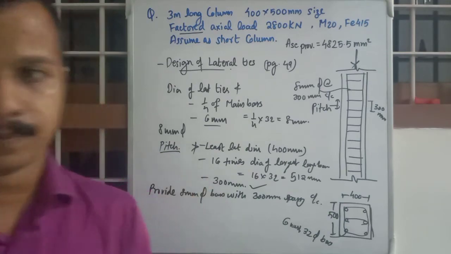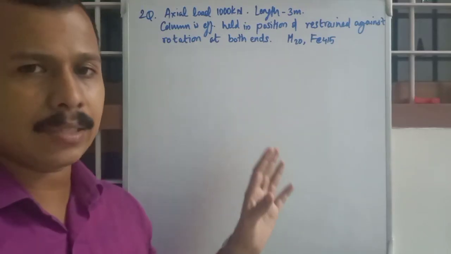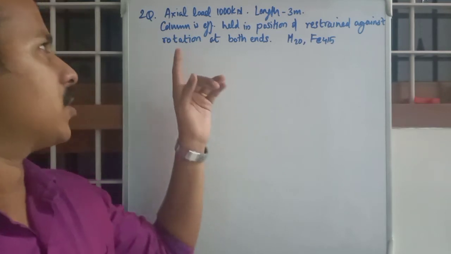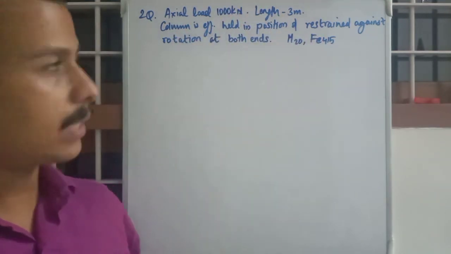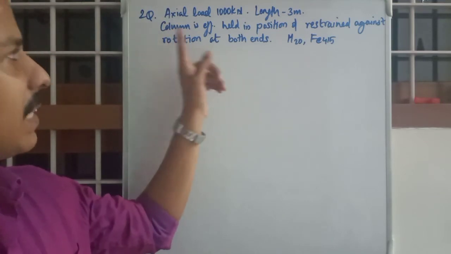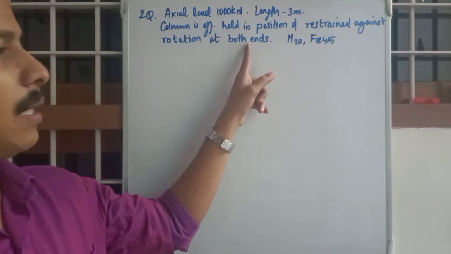Moving on to the next one. So this is the second question. All the relevant information: axial load is 1000 kN, length is 3 meters. Again, there is a new condition with the ends.